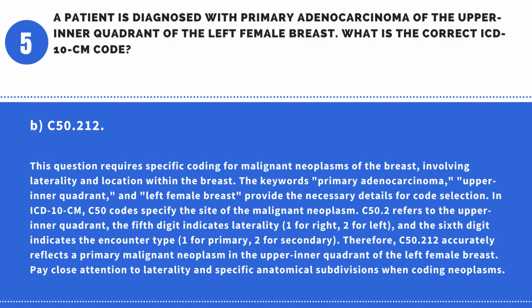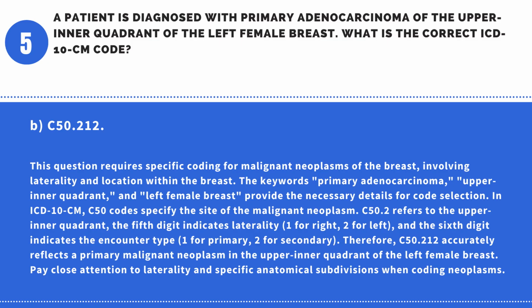Answer: B. C50.212. This question requires specific coding for malignant neoplasms of the breast, involving laterality and location within the breast. The keywords primary adenocarcinoma, upper inner quadrant, and left female breast provide the necessary details for code selection. In ICD-10-CM, C50 codes specify the site of the malignant neoplasm.